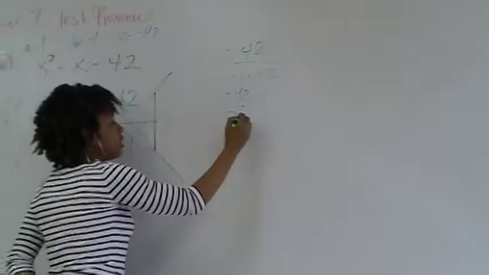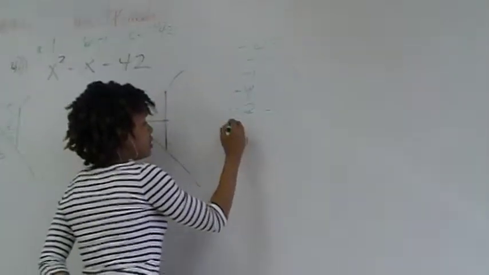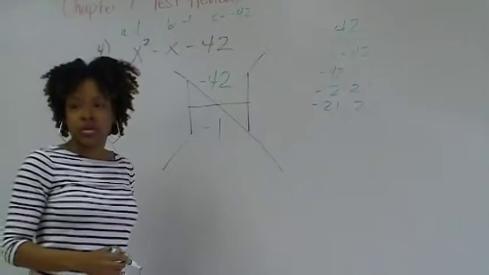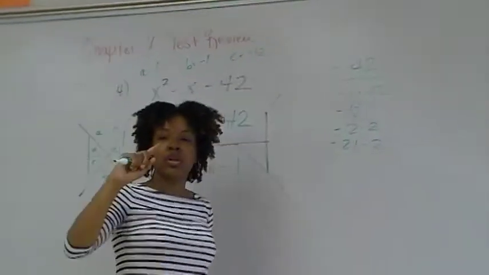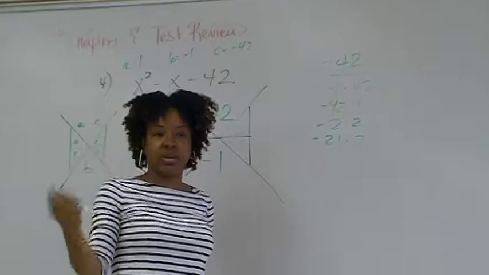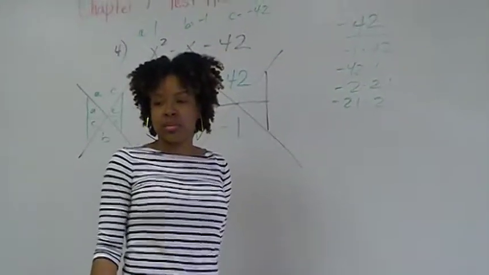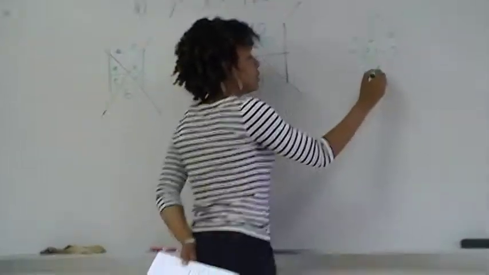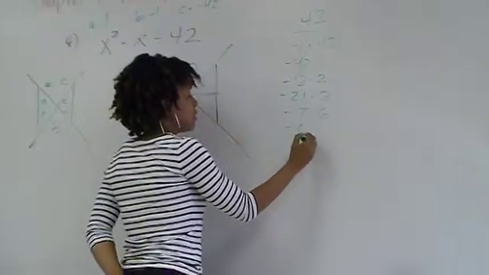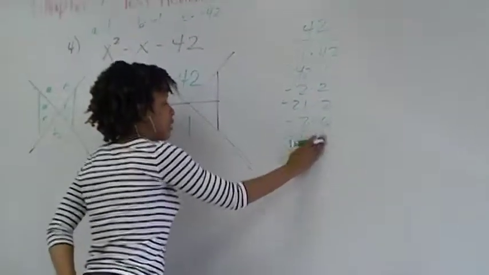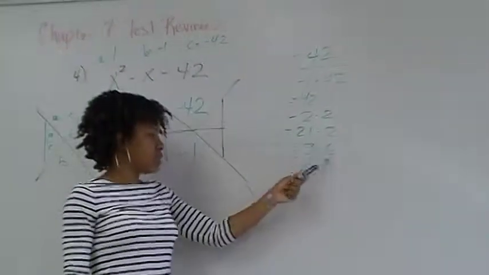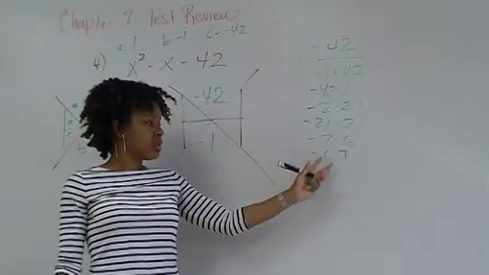2 and 21. Somebody said 7. Do 42 divided by 7. If you only remember one factor, just divide it and you'll find the other one. Oh, 6. Okay, so 7 times 6. We're looking for something that will give us -1. So when I get to this point, I say maybe this would give me -1 because they're kind of close together.